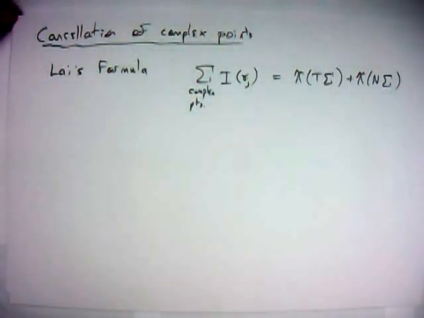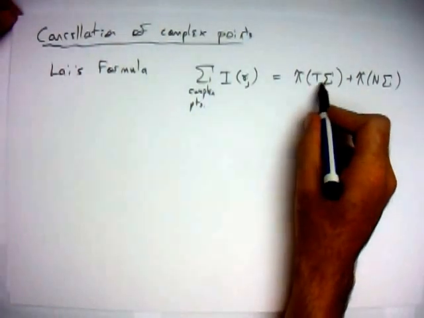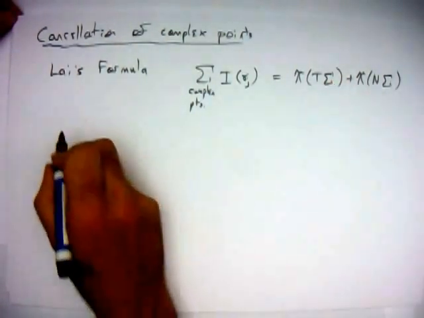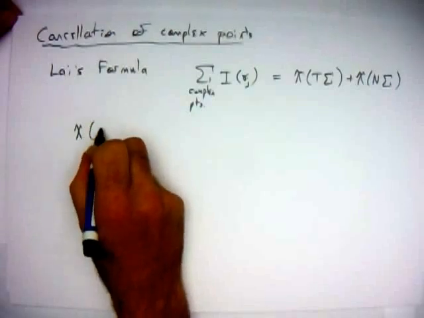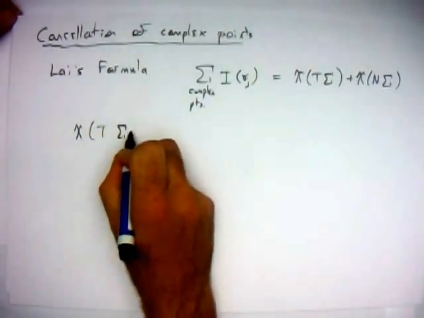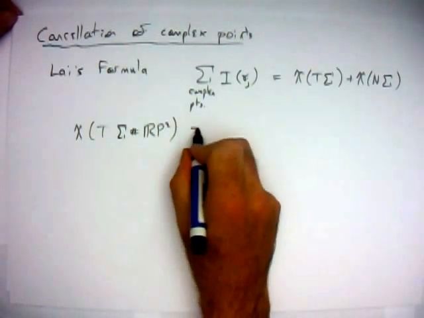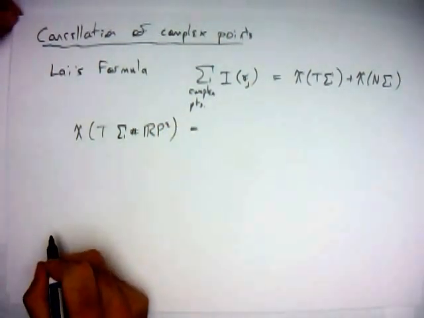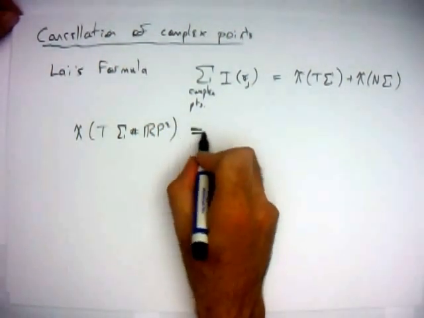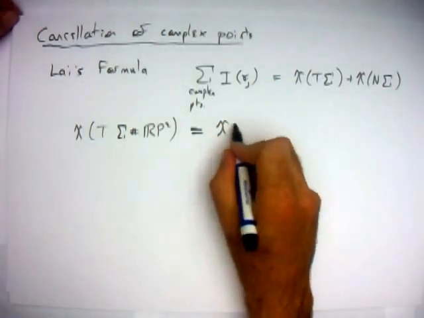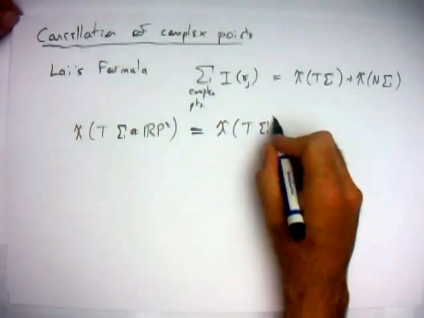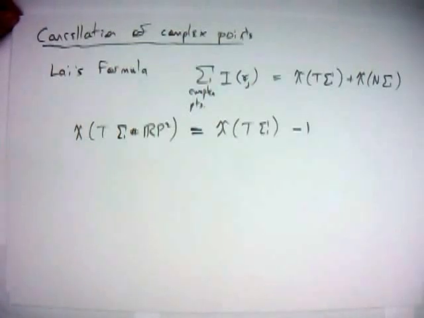Okay, so with that then let's look at what happens when you connect sum with an RP2. When you connect sum with RP2, the Euler characteristic of your surface in fact goes down by 1. So in fact it'll be your tangent minus 1.